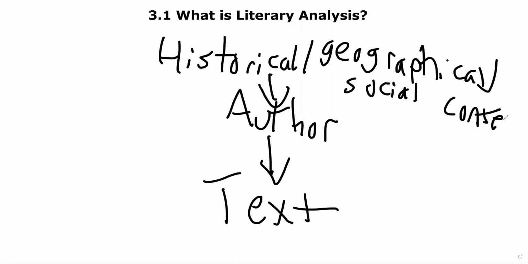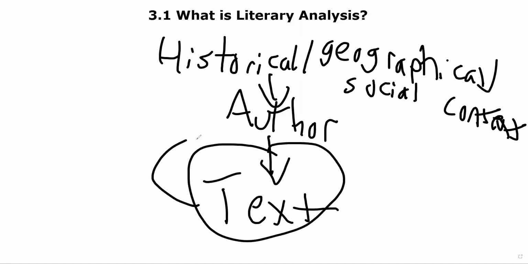In brief, by analyzing a text, one can learn about the author of the text, his or her attitudes, his or her worldviews, his or her political, religious, philosophical beliefs. And by analyzing those components of the author, one can learn about the period of time, the social and political conditions, the geographic setting, etc., that gave rise to the author.